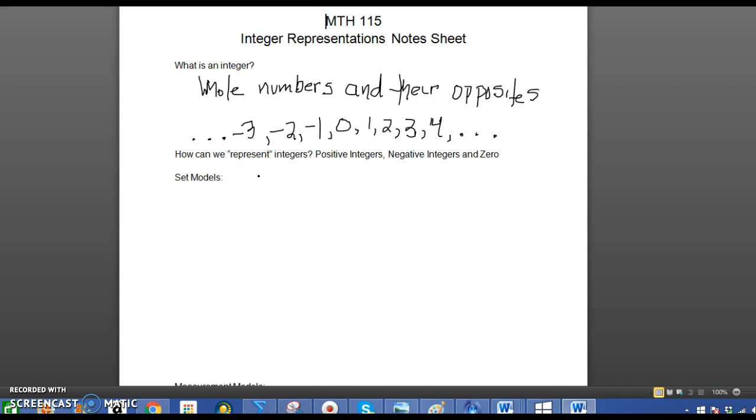So usually we use colored chips. So I believe your textbook says red is negative, and blue is positive. Nope, they say black.